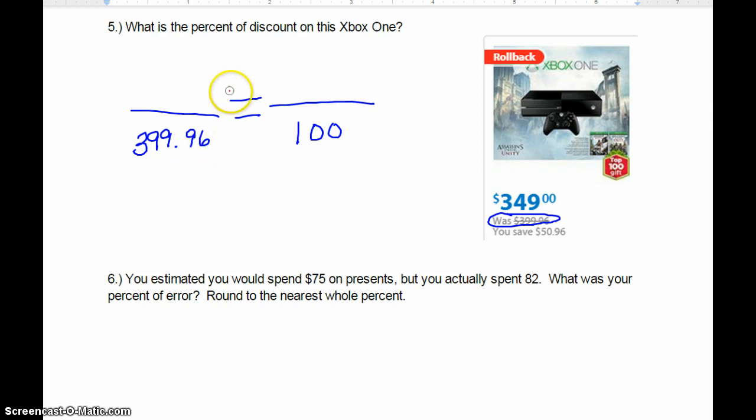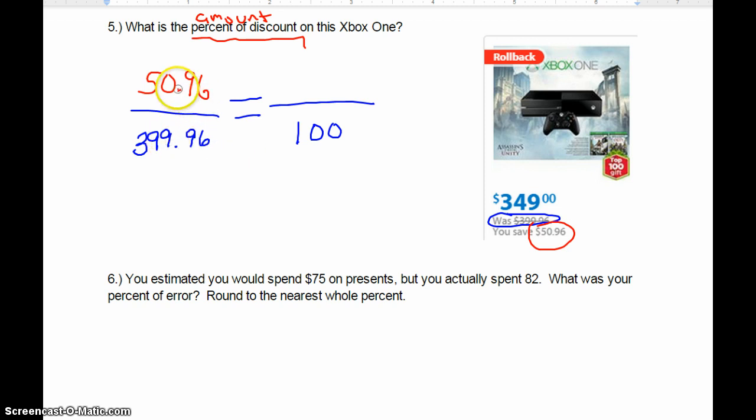Since I'm asking you for the percent of discount, that means you need the amount of discount. What's the amount of discount? Thankfully, they give it to us right there. $50.96. So that's the amount they took off of the original price.